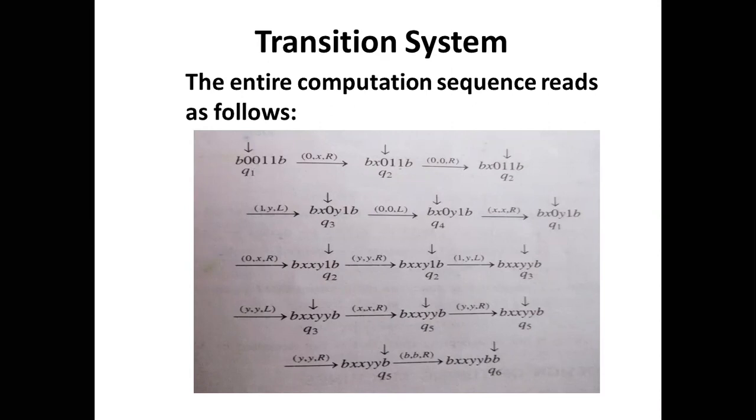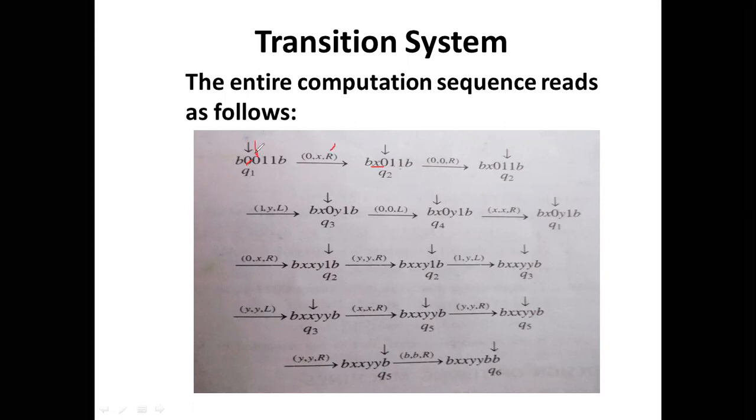So Q1 reads the input 0, it will replace 0 by X and move the read write head to the right side. So here 0 is replaced by X, and now it moves right.